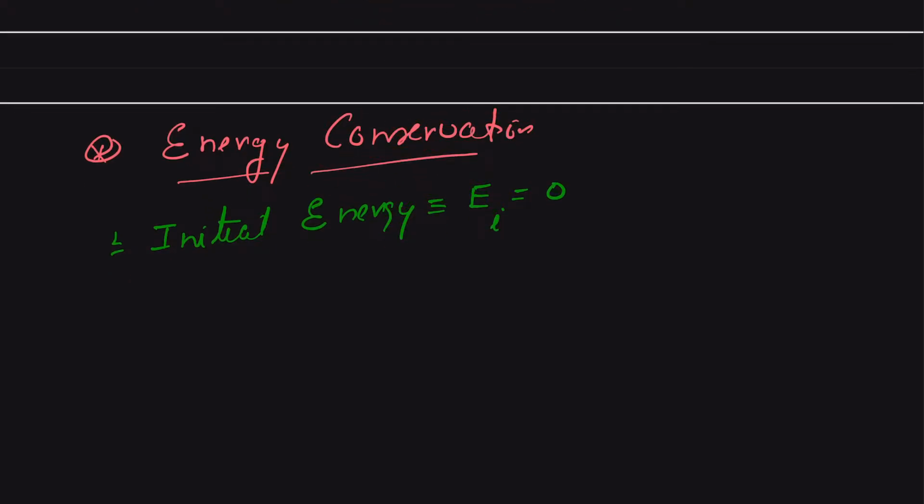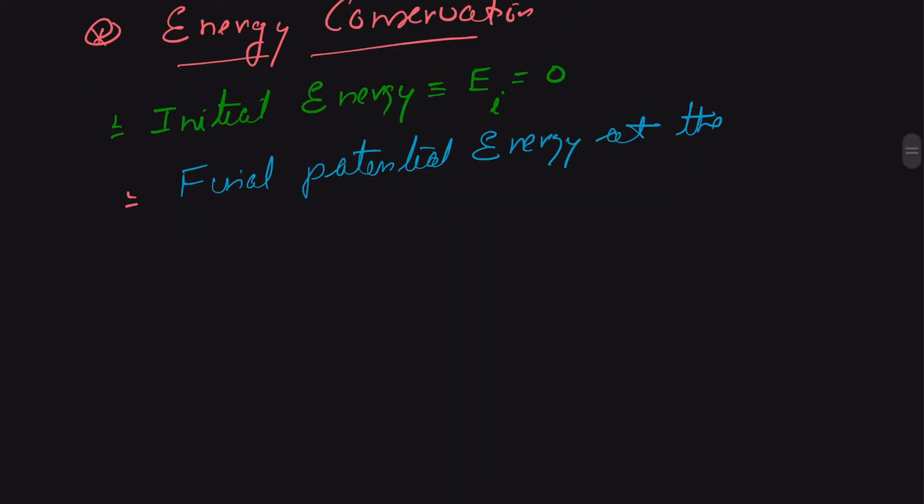And the final potential energy at the center, let us call this UF, will be equal to minus q multiplied by the potential at the center.